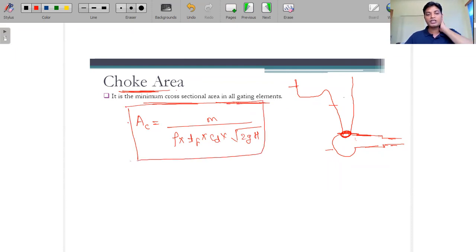This is the minimum cross-sectional area, the choke area, that we have to calculate. Here m is the mass of the molten material that we are filling. Rho is the density of the molten material; if we are taking aluminium or iron, we take the density accordingly. t_f is the time required to fill the mold cavity.